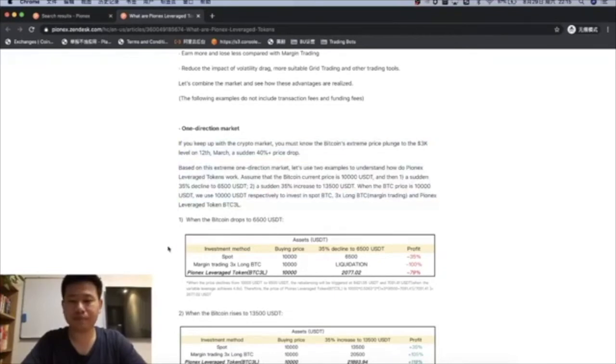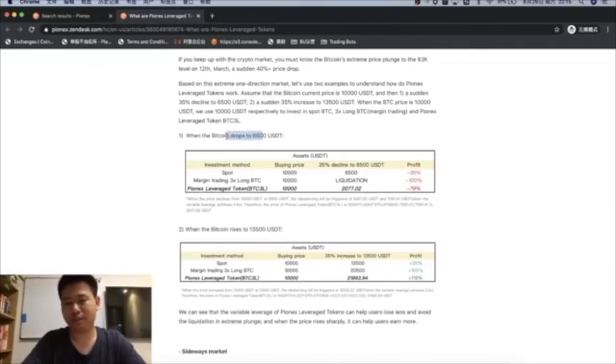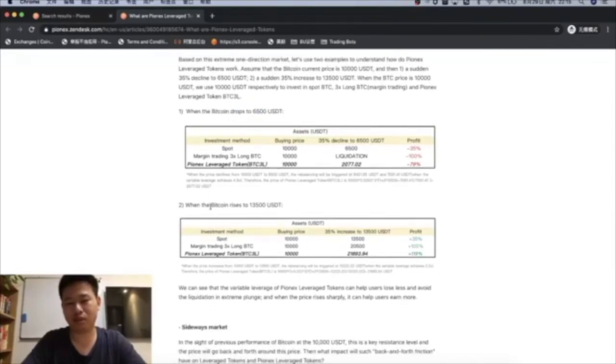Yeah. So there are some examples of what the leverage token price will be if the Bitcoin price becomes this. This is an example for 6,500, and this is an example of 13,500.